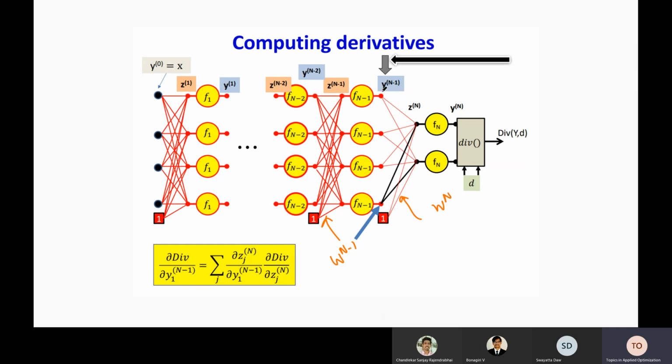Now the another intermediate variable that is left is yn minus 1, right? Now I need to know how to compute derivative with yn minus 1 now, right? Okay, so what do we do here? Yn minus 1 has dependencies on Zn, and then yn minus 1 is also used here in Zn2 also.